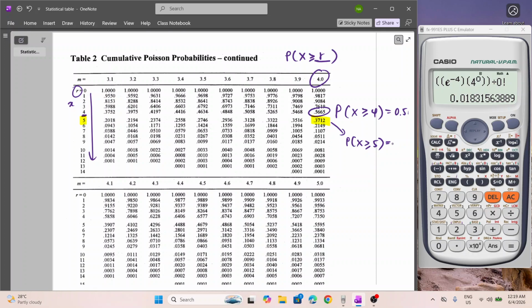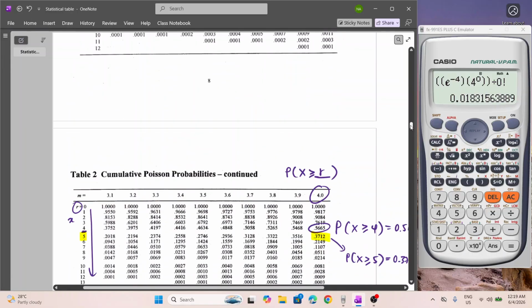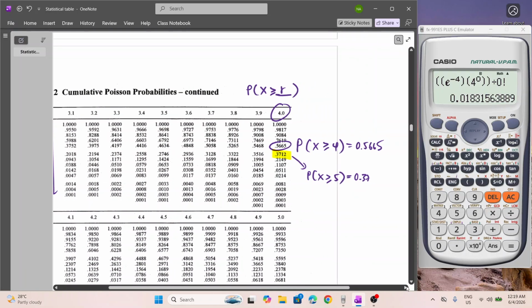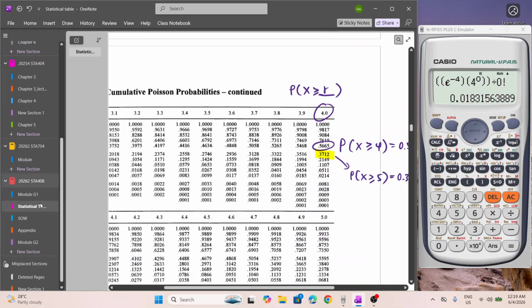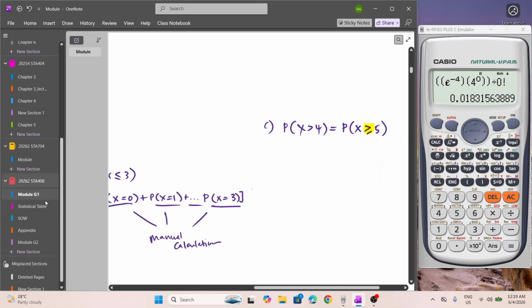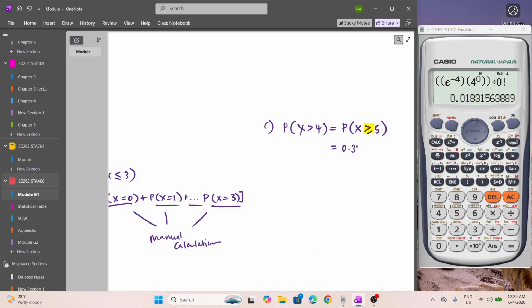The answer is 0.3712. So in our module, you can write the answer, it is equal to 0.3712, right?